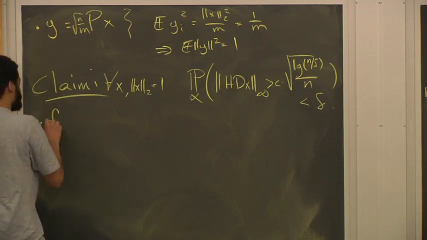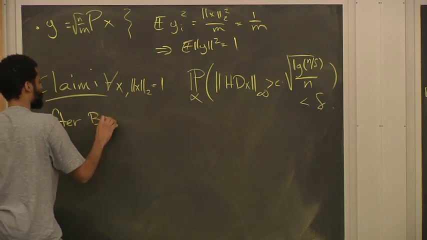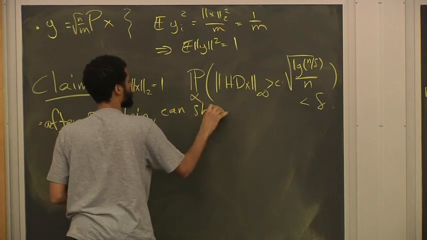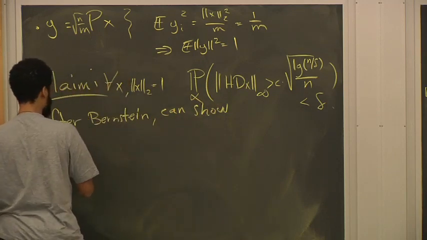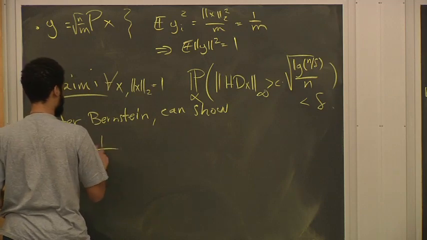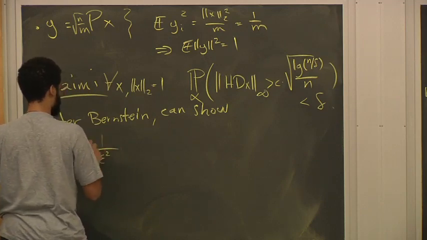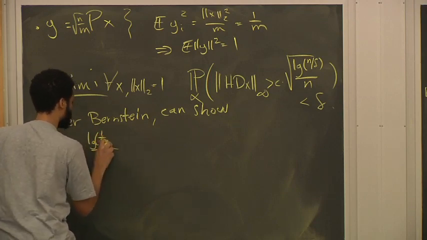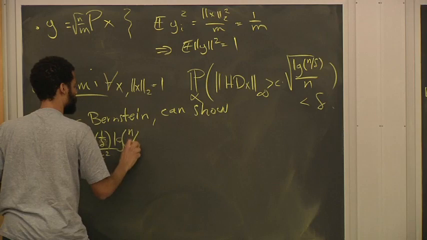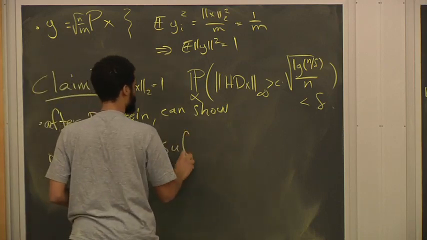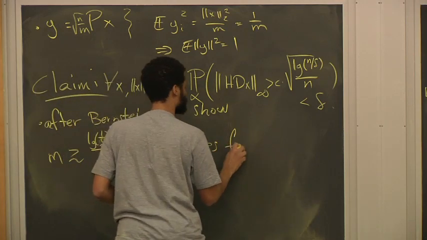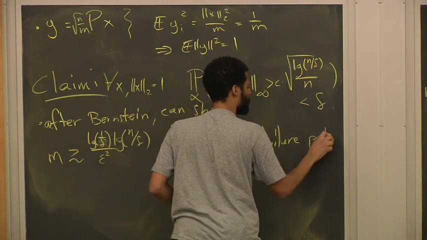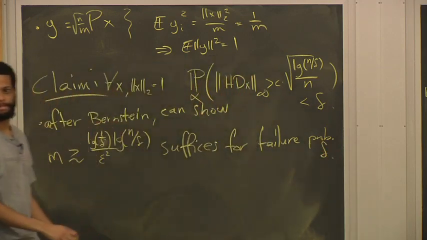So after Bernstein, you can show m being something like 1 over epsilon squared log 1 over delta log n over delta suffices for failure probability delta.